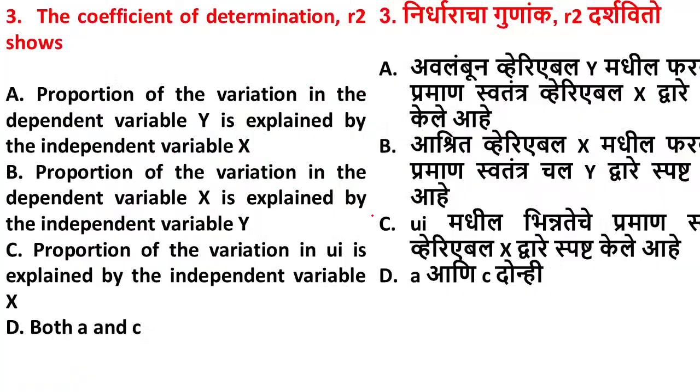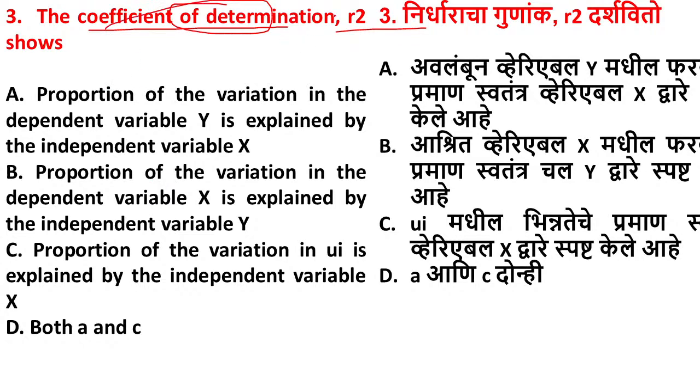The next question is: the coefficient of determination, that is R square, shows: option A, proportion of the variation in the dependent variable y is explained by the independent variable x; option B, proportion of the variation in the dependent variable x is explained by the independent variable y; option C, proportion of the variation in ui is explained by the independent variable x; option D, both A and C. What do we mean by the coefficient of determination?